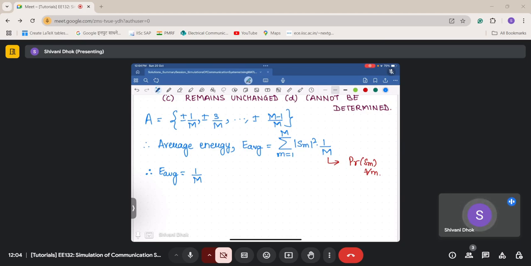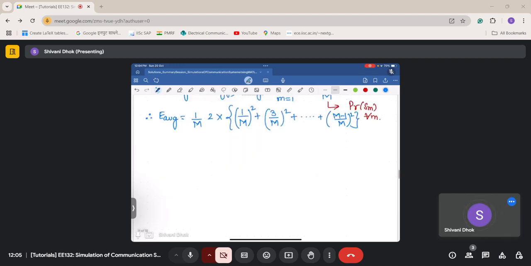So I can write it as 1 by m, 2 times 1 by m square plus 3 by m square, plus and so on till m minus 1 by capital M square. Here the assumption is your m is, let's say, an even number.